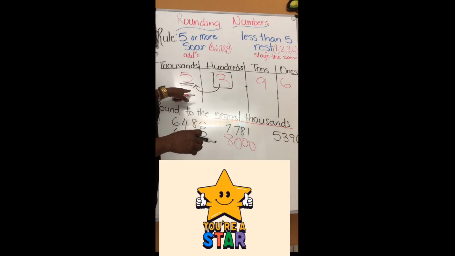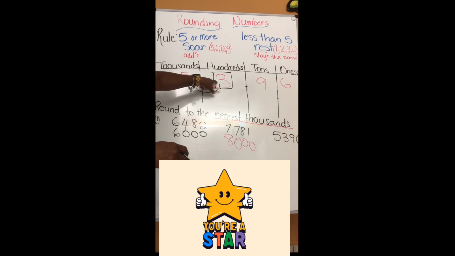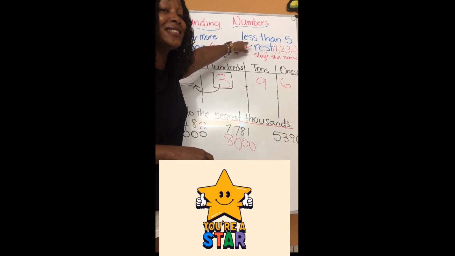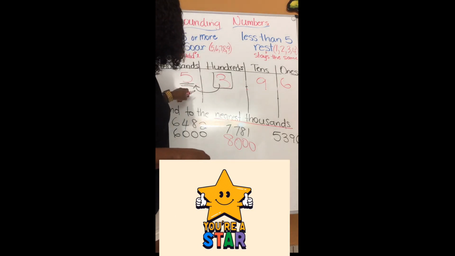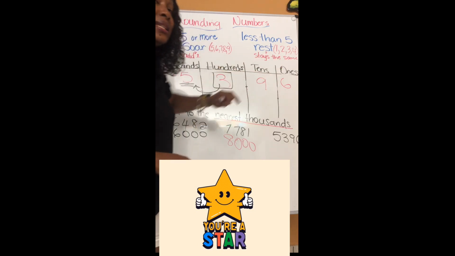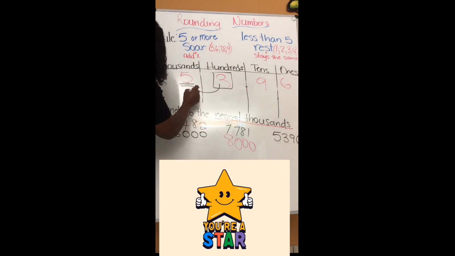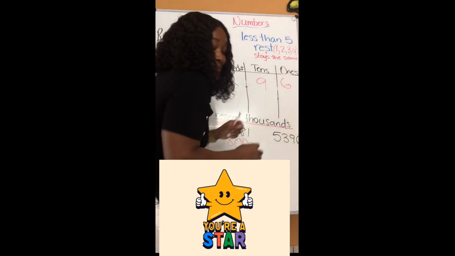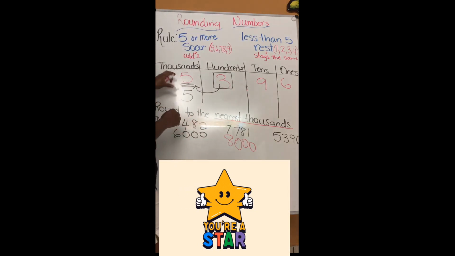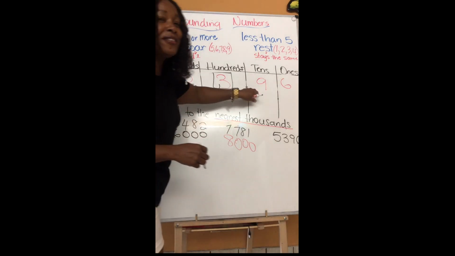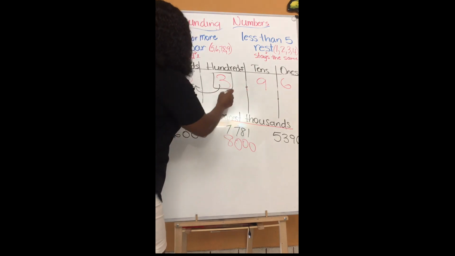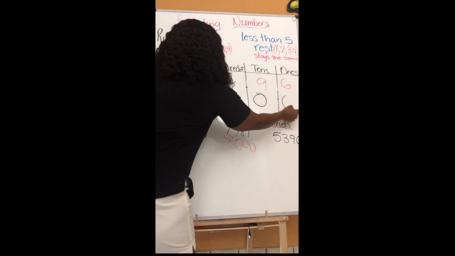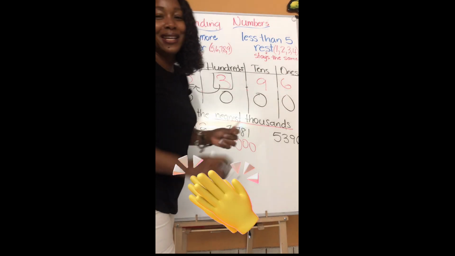Okay. All right. So this boss is 3. It falls over here, less than 5. So it's telling this 5 to stay the same. So if you wrote 5, celebrate. Yes. So the 5 stays the same and everything else does what? Changes to 0. Good job, guys.